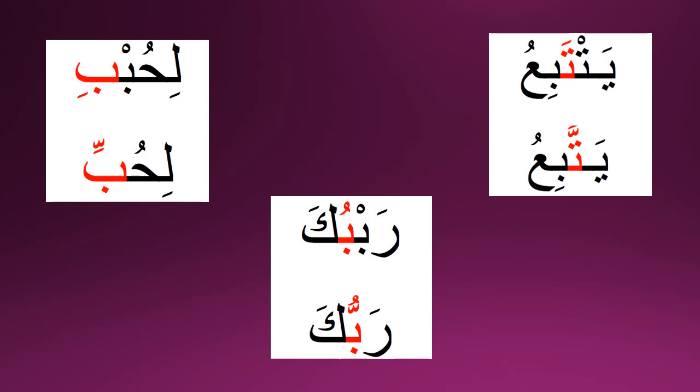Then we have the letter ba with jazm first and the second with kasra. And the word becomes Lihubbi. Although it is on the top of the letter, it is under the tashdeed. So it is kasra. Lihubbi. It's not Lihubba. Lihubbi. You can see the difference over here. The fatha is on the top of the shadda and the kasra is under the shadda.